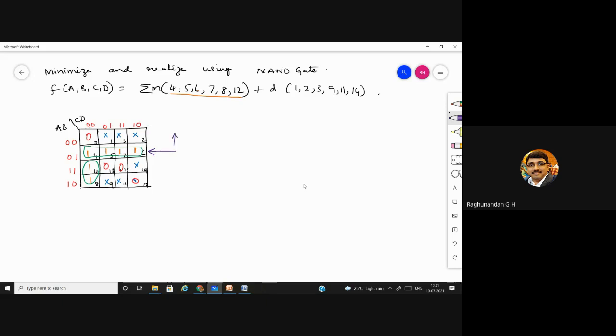For 4, 5, 6, 7, there is no common value for C or D, so we ignore it. We consider only this value, because all the 4 positions have AB in common. So it will be A bar B.